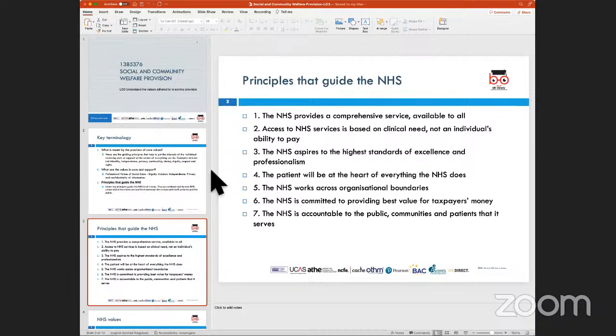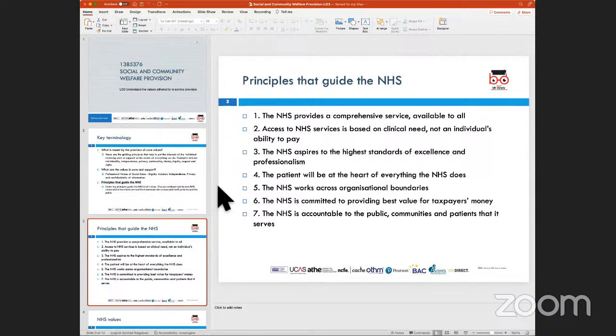Now, the 280,000 people who work within the NHS have been taught and trained to ensure that when they deliver their services, when they work on a day-to-day basis and perform their job roles, they are showing these values and using them to deliver the highest standard of service.